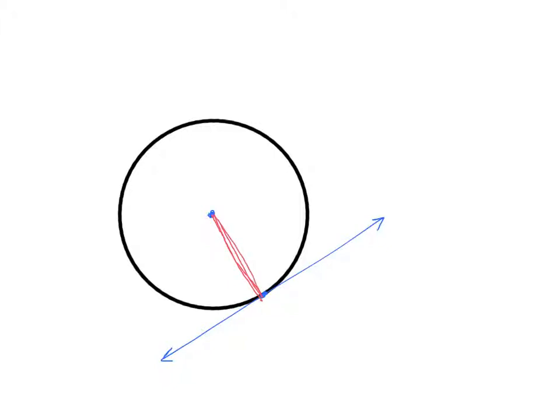That radius is touching the point of tangency, which means that it will definitely be perpendicular to the tangent. So the radius and the tangent at that point are always perpendicular to each other. It doesn't matter if the tangent line is up here and the radius is here, it's always going to be true. It doesn't matter where that point of tangency is on the circle, as long as it's on the circle.